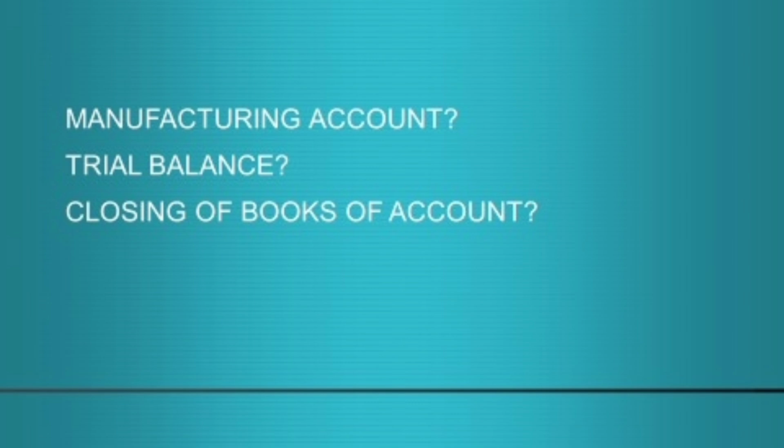Opening work in progress stock is debited and closing work in progress stock is credited. The balance is the cost of goods manufactured and is then transferred to trading account. When manufacturing account is not prepared, these items will come in trading account. Sometimes depreciation may be taken directly into profit and loss account instead of trading account. Manufacturing account is also a period statement.